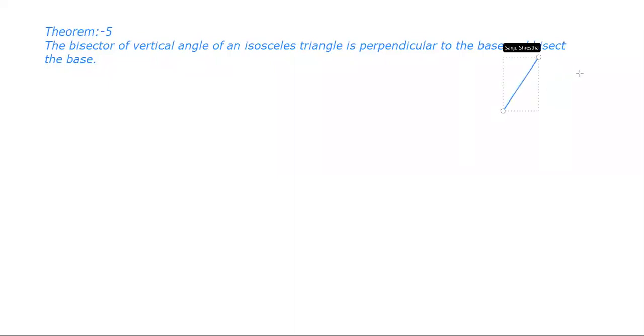Let's write here vertical angle. Let's make one isosceles triangle, and a bisector from the vertex, the vertical angle.